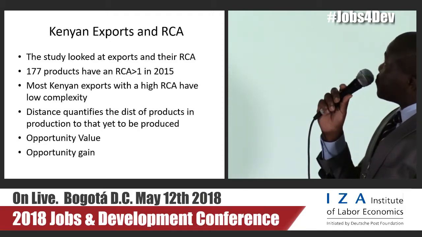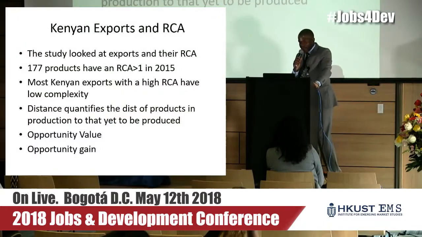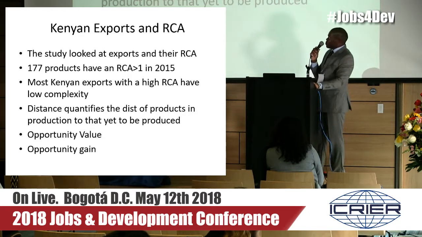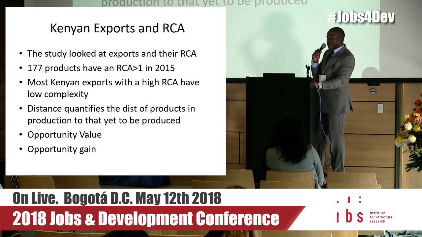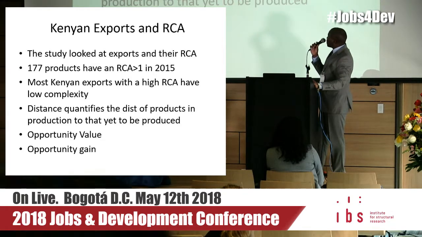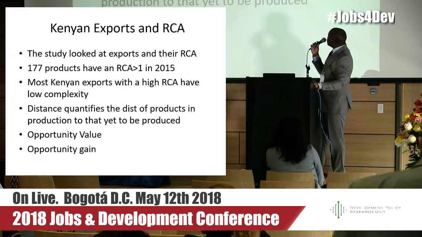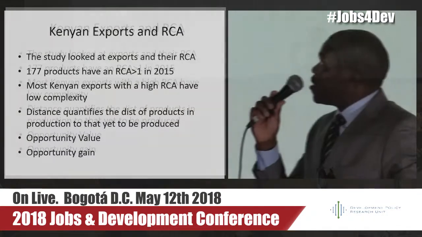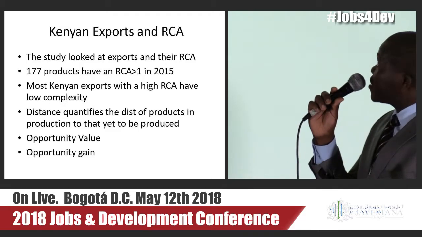So after looking at our current product space, we looked at frontier products from the methodology, and from our calculations, we found that the products that had a positive revealed comparative advantage were 177 products.